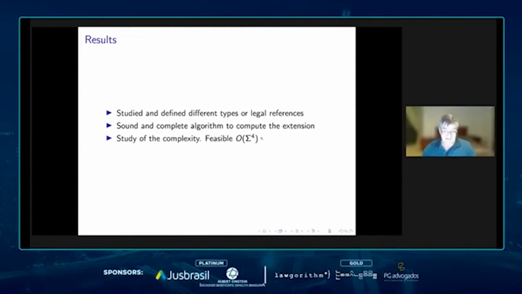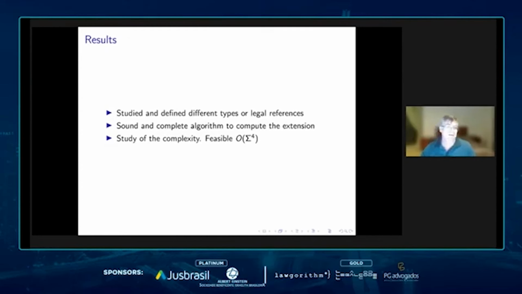The key aspect, and I don't know whether this is a positive or a negative result, we proved that when we extend the logic with the legal references as presented in this paper, the complexity is still feasible, still polynomial, it's quadratic. And then we have an increase because the complexity of the logic when we don't have the references is linear. So on one side, we maintain feasibility, but we increase the cost.